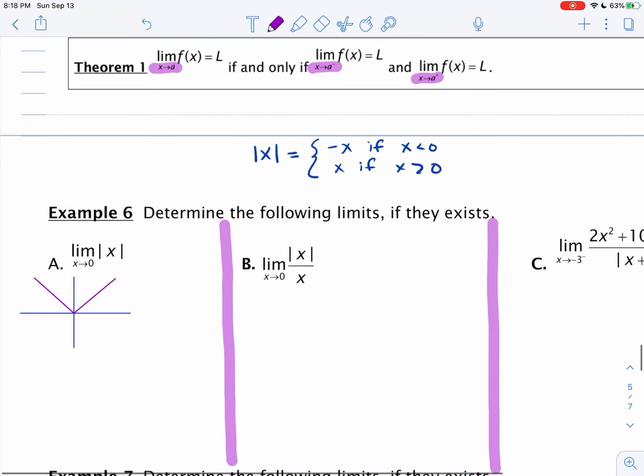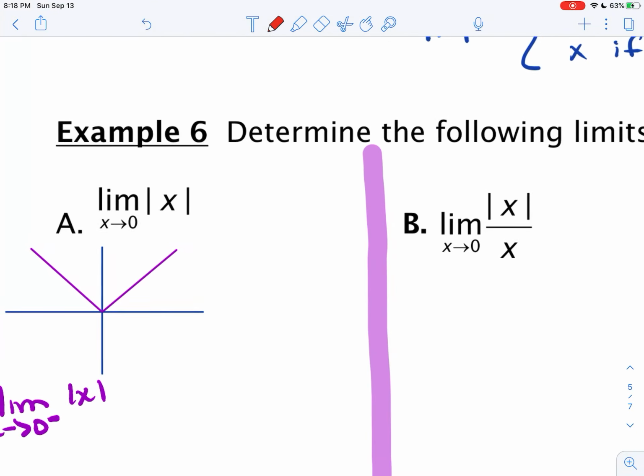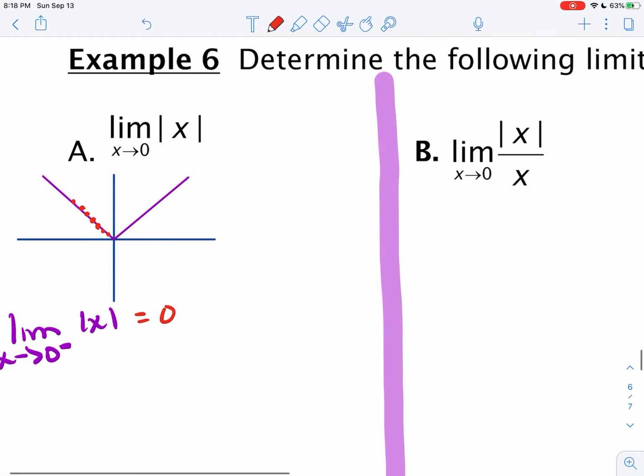And we can see here that the limit as x approaches 0 from the left of the absolute value of x is 0, because we can see from the function outputs that we are approaching 0 from the left.